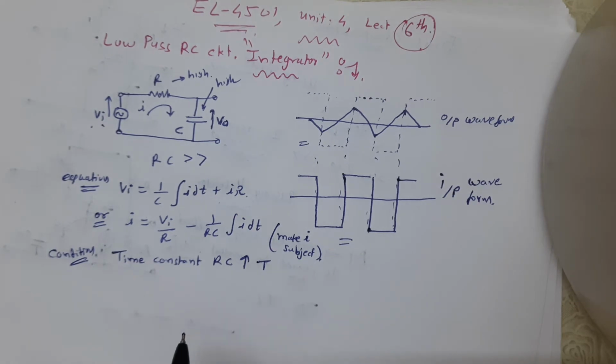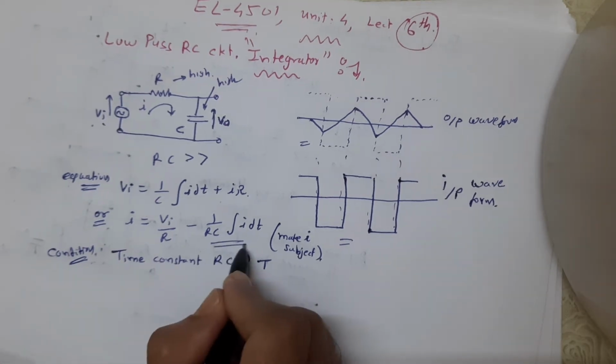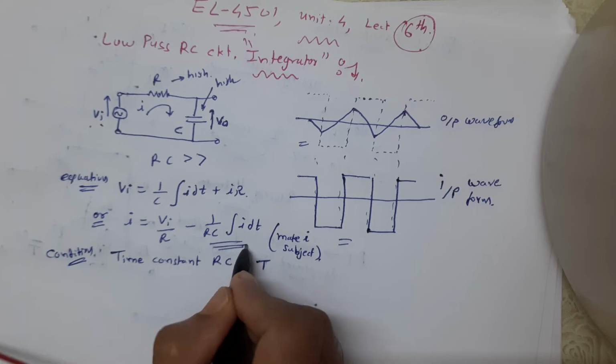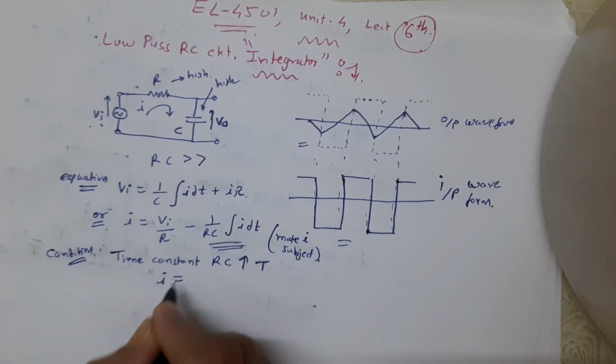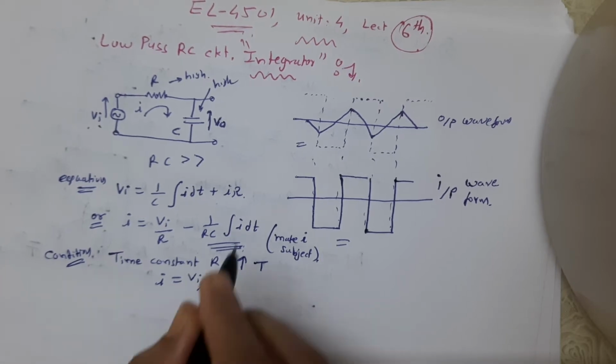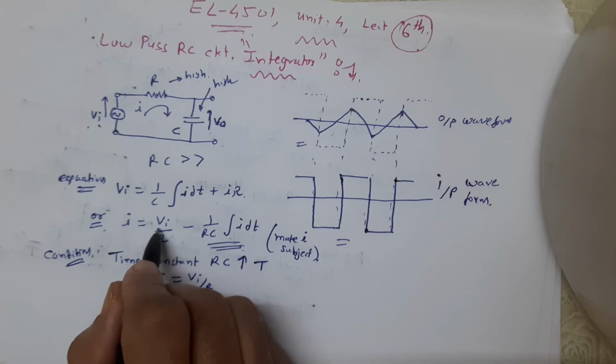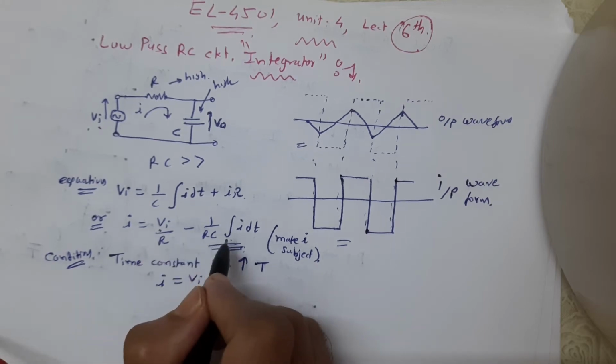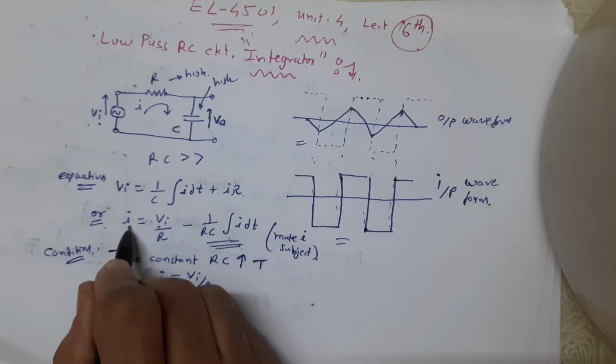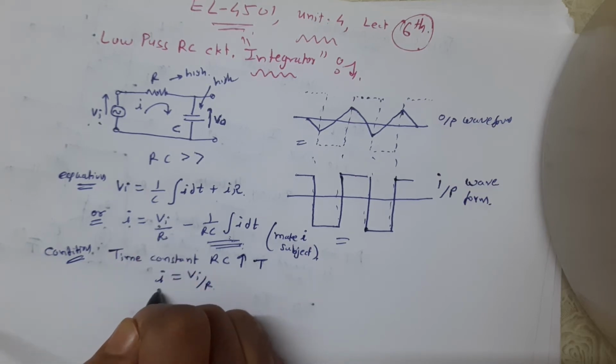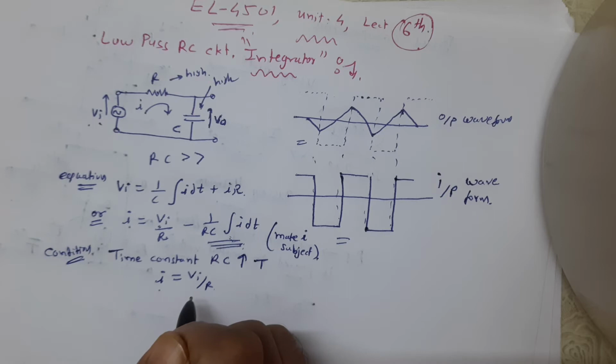Then the second term of the above equation will be very small, so we can neglect this term. Therefore, we can write directly I is equal to Vi upon R.